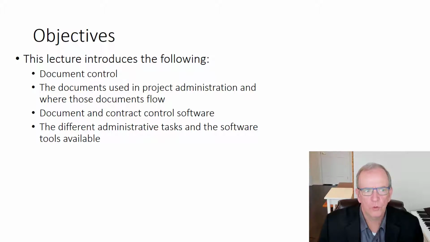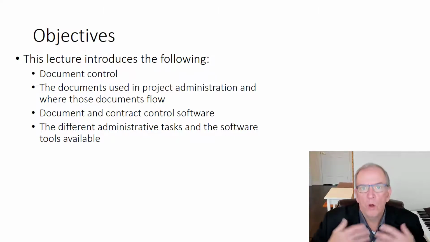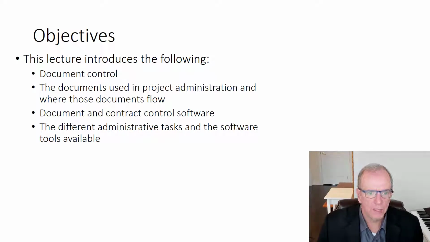So it really ties to the things that we've been talking about throughout this whole course, which includes document control, and that's all of these documents that we've been looking at, such as RFIs, submittals, project updates, photographic documentation, drawings, specifications, change orders, closeout documents, lead documentation. They all fall into this realm of how do we organize ourselves to be more productive.